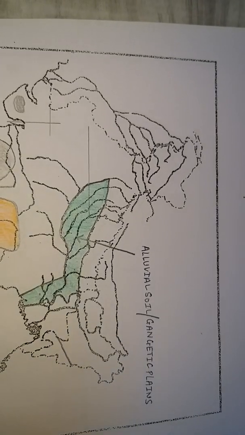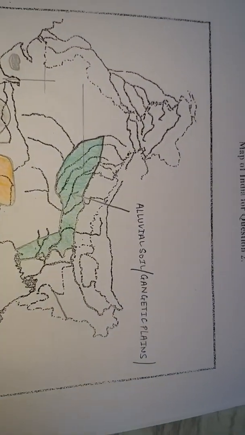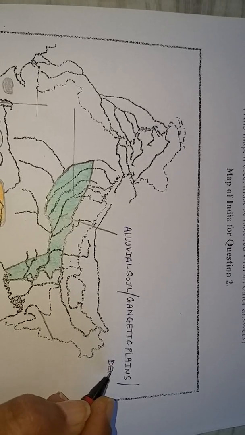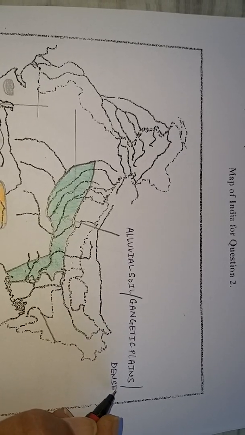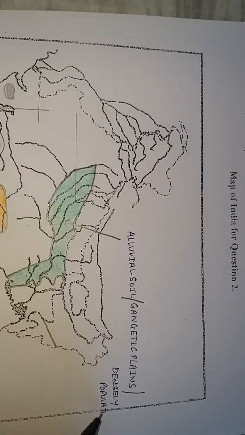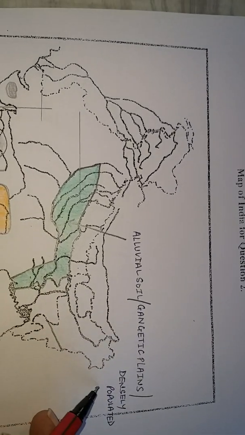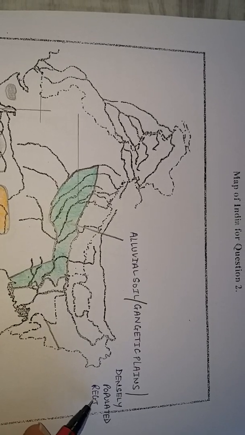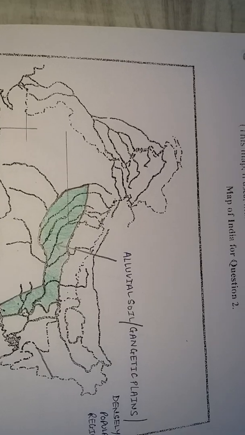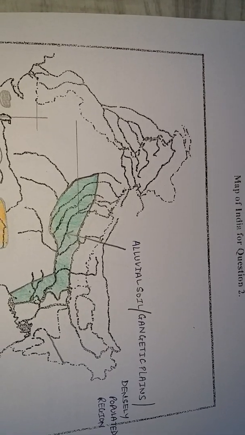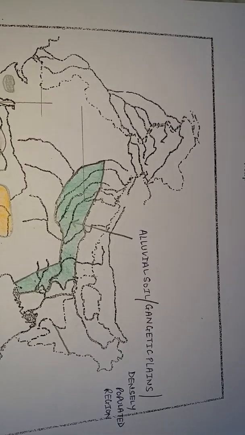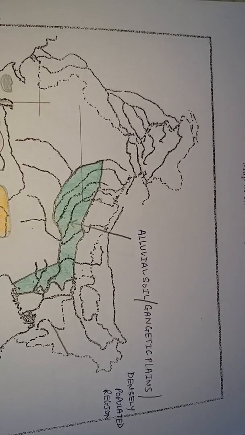We'll mark the same patch for the densely populated region, as we had already done in map pointing before. Now why I have shown these three labelings at one place is for you to remember. The same patch is the marking for alluvial soil, Gangetic plains and densely populated region.